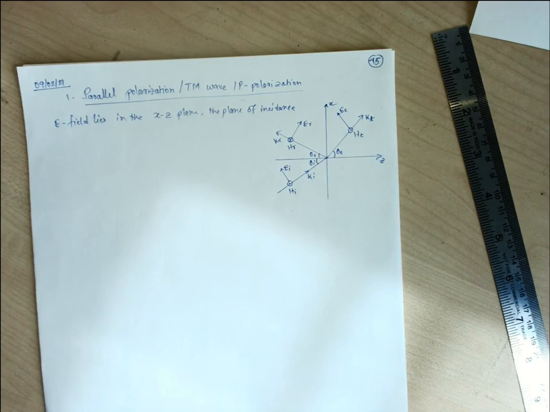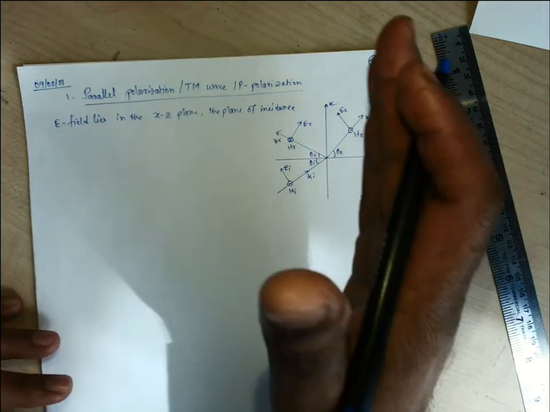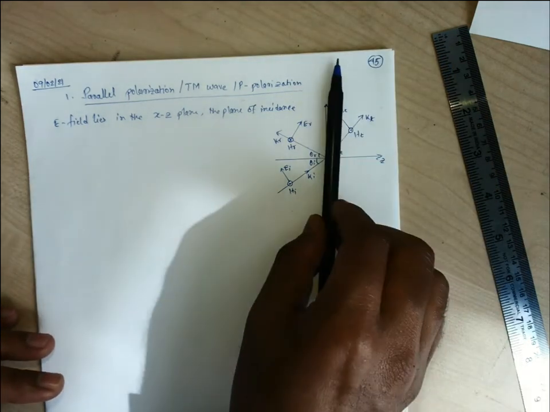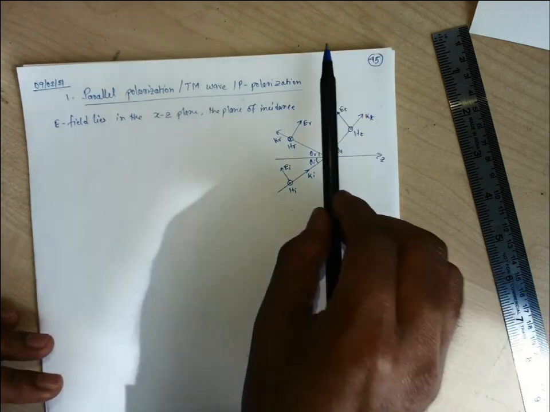So why is it not a transverse electric field? Transverse is compared to the tangential. Transverse means the magnetic field is transverse on the interface. What is this interface? The interface is that plane which is like this, the xy plane you can consider.